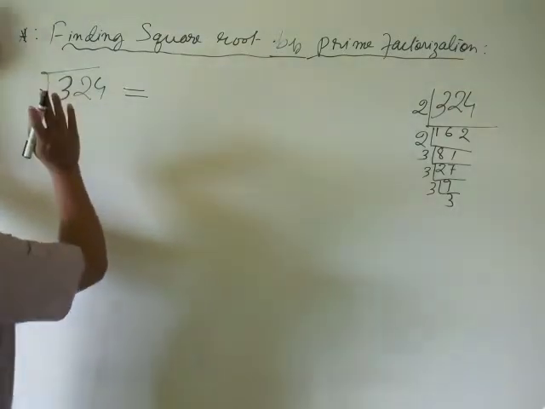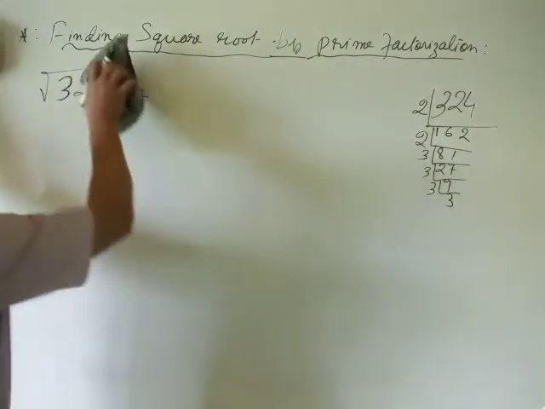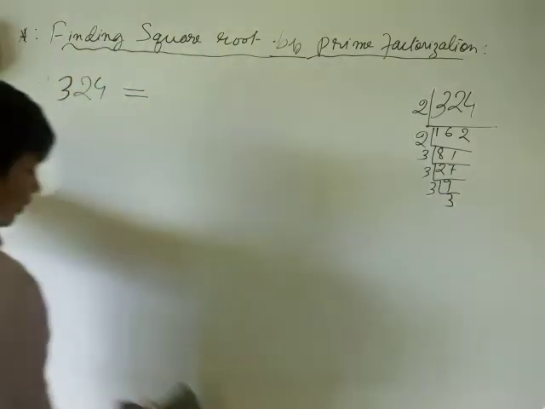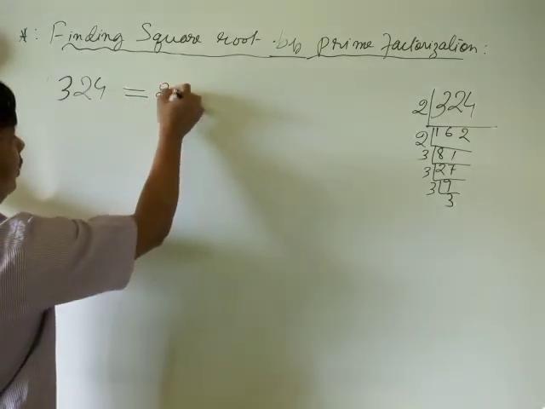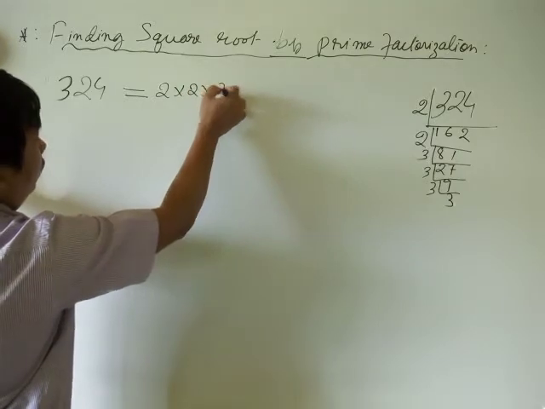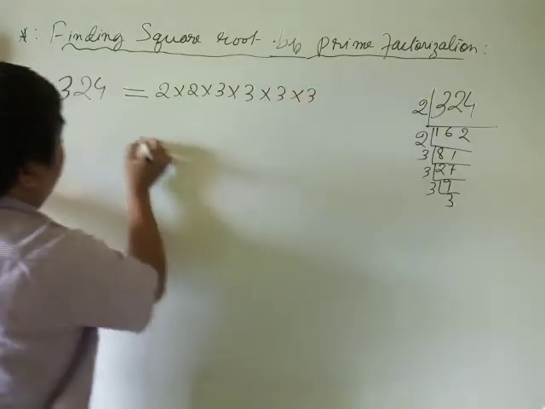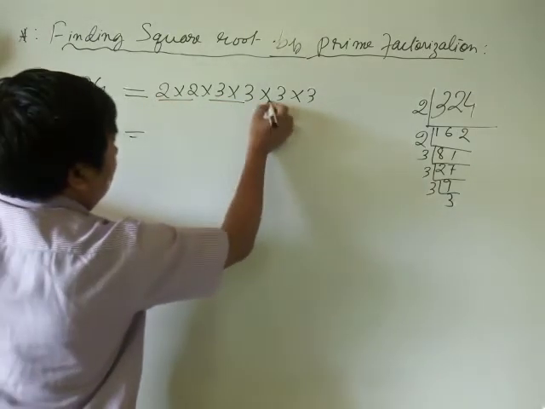So these are the prime factors of 324. This number can be expressed as the product of its prime factors: 2 into 2 into 3 into 3 into 3 into 3. So these prime factors, you see, 2 into 2, 3 into 3, 3 into 3.